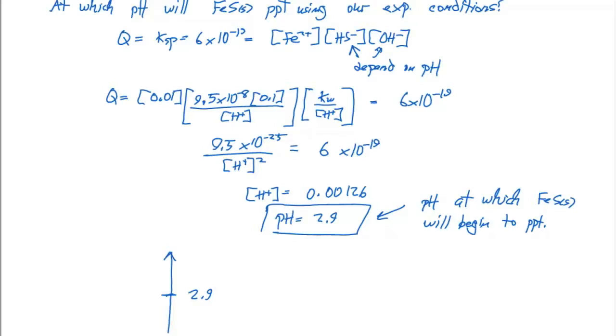So in this case, if our pH is below 2.90, we have Fe2+ in solution plus all of our other thioacetamide and saturated H2S solution and all that kind of stuff. But as we make this solution more basic, iron sulfide is going to begin to precipitate right when the pH goes above 2.9.